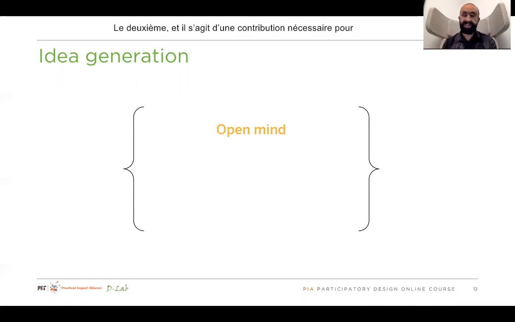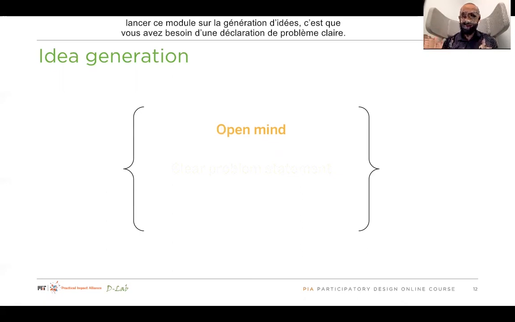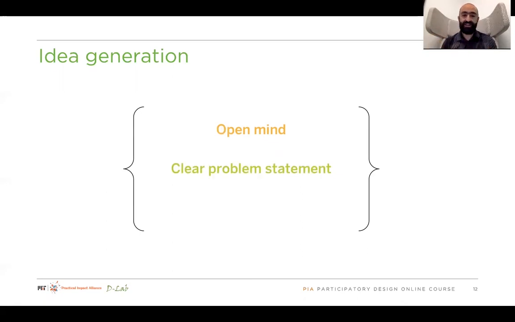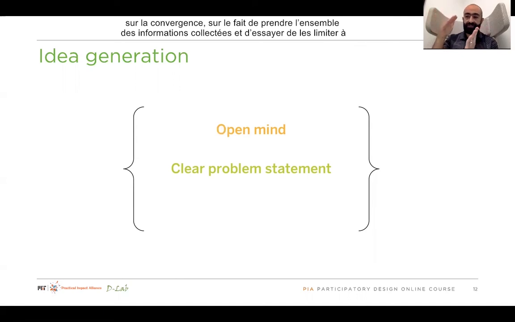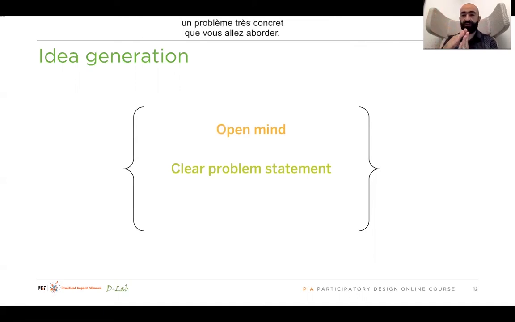The second one, and it's sort of a necessary input for starting this idea generation session, is that you need to have a clear problem statement. As with many stages of design, you'll see there are these divergence and convergence points. You just came out of the framing the problem session, which is a stage of design that is mostly focused on converging, of taking all the information that you gathered and trying to narrow it down into a very concrete problem that you're going to approach.